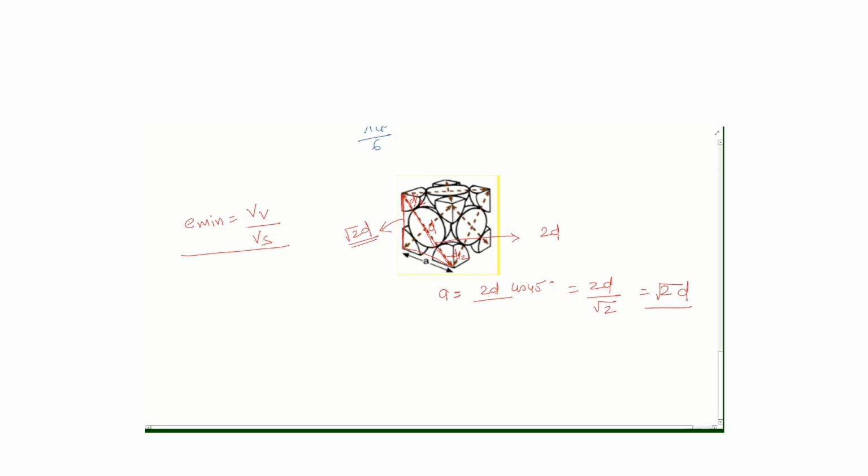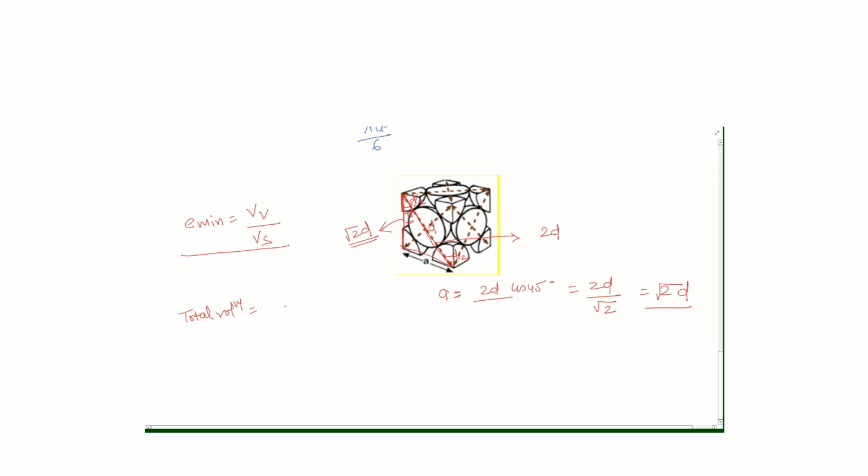This side of the cube is going to be of length root 2 d, because this is 45 degrees. Now I have to calculate what is the total volume.